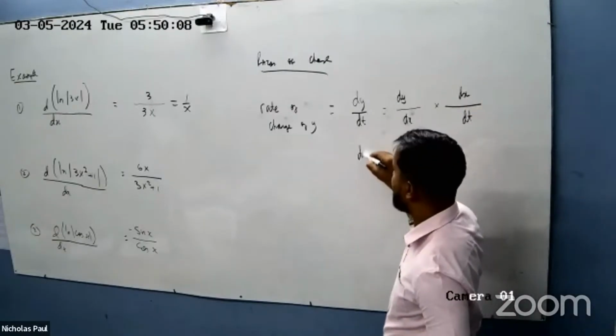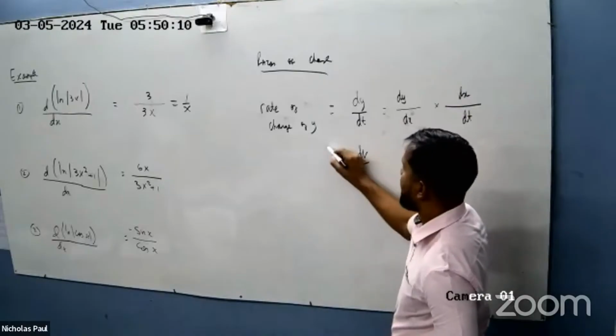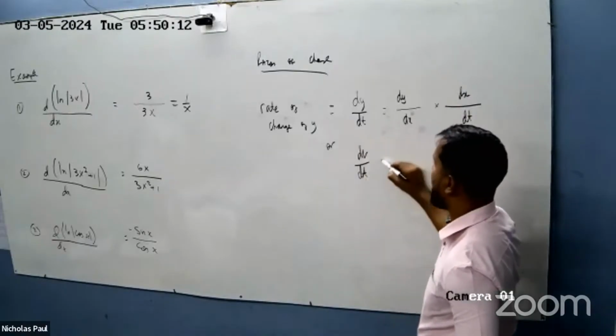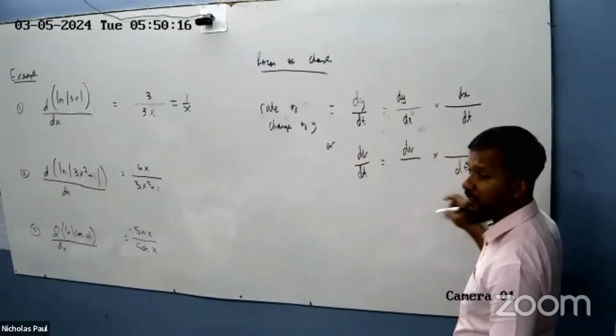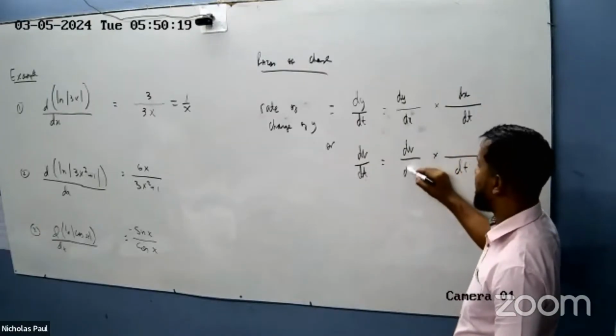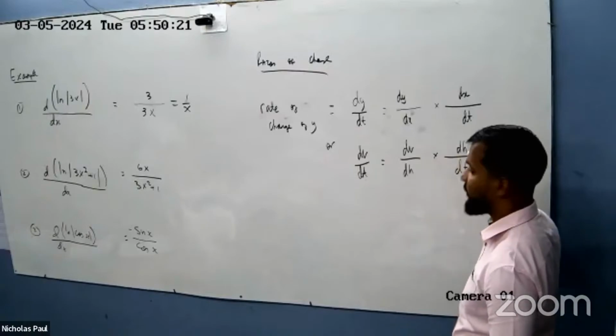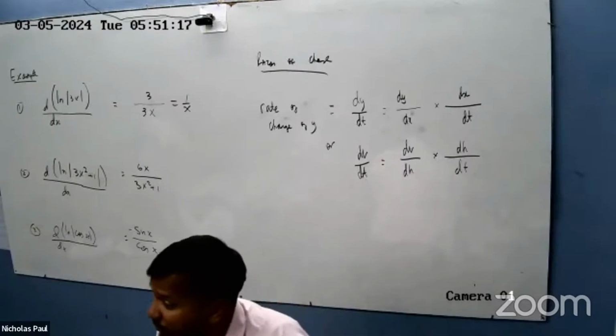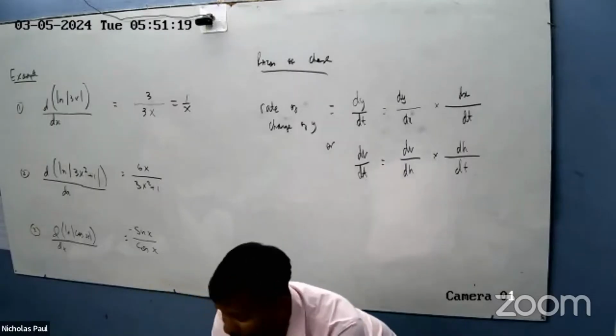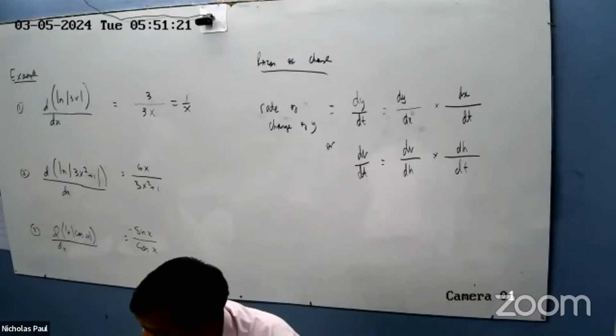If you had the rate of change of volume, here would have been dV, here would have been dt, and sometimes height, so you put dh here. Let's try this. A spherical balloon is being inflated.